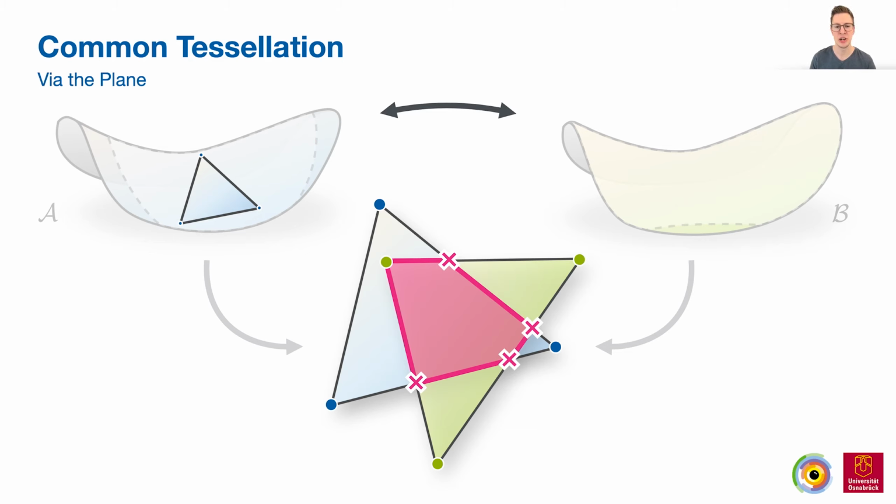And for simplicity, we can also triangulate it. Now we can lift the overlay mesh once to surface A and once to surface B. So the map is now represented via a common triangulation of both input surfaces.